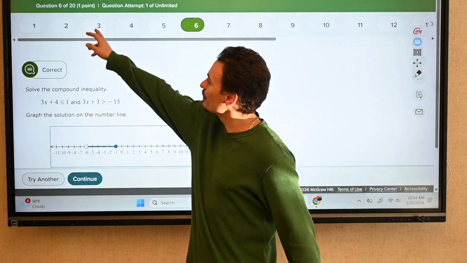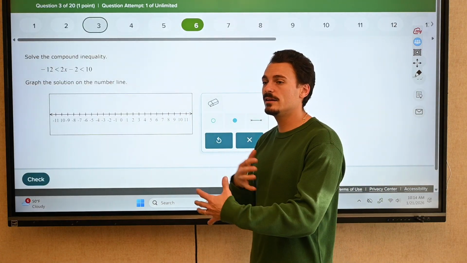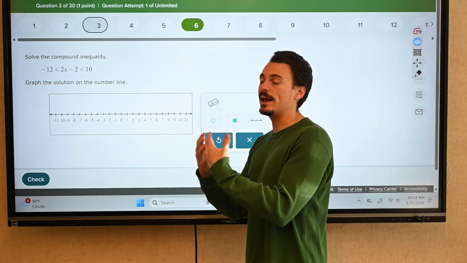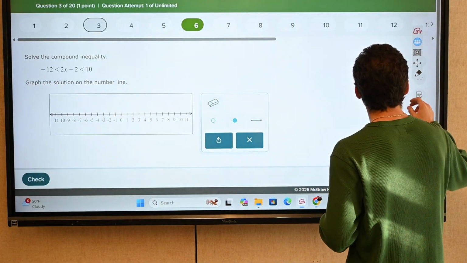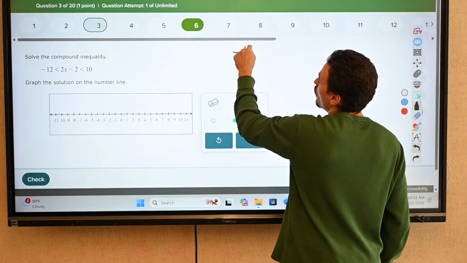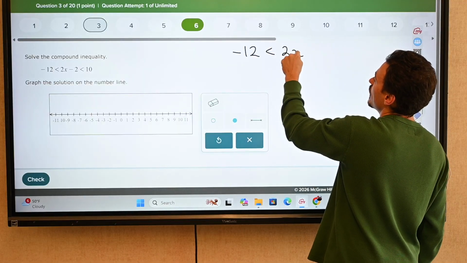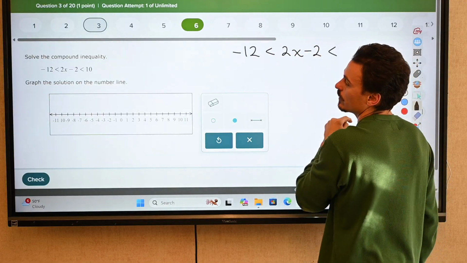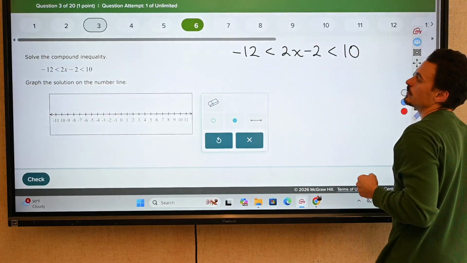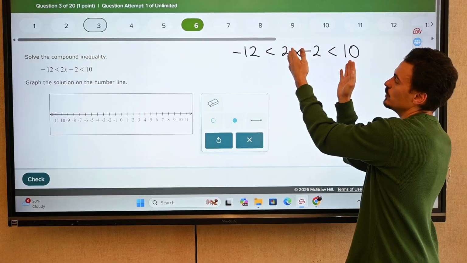Okay, number 3 here, and all of yours are going to be different, so you're going to have to understand the difference between or and and. Now, number 3, I wanted to show you this one because there is no word splitting up the inequalities. So this is still a compound inequality because we have 2 inequalities.